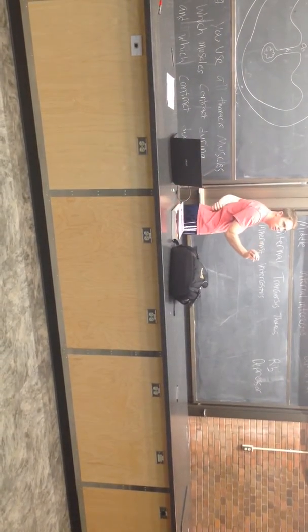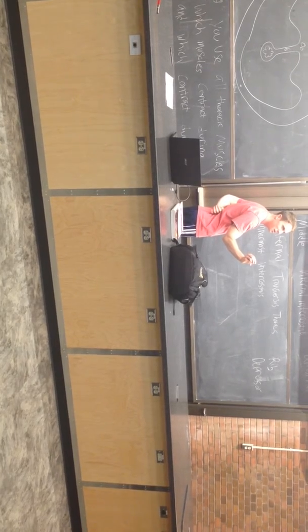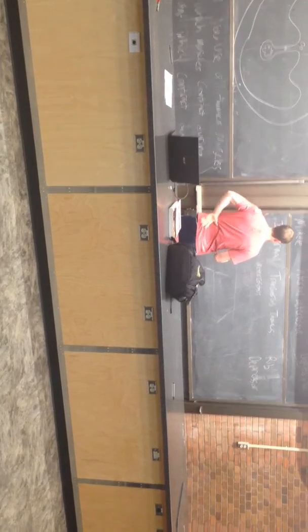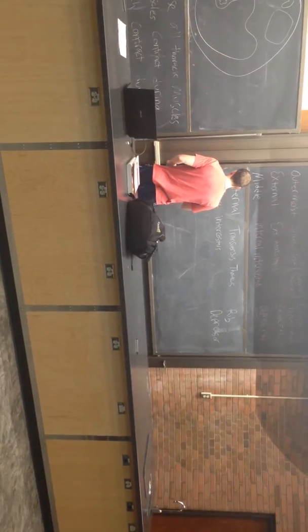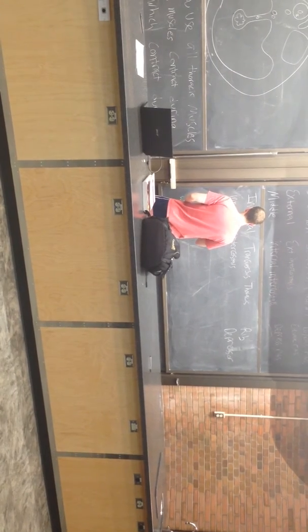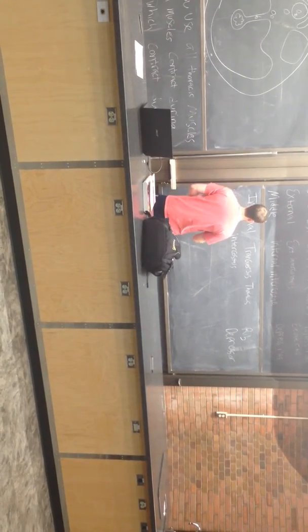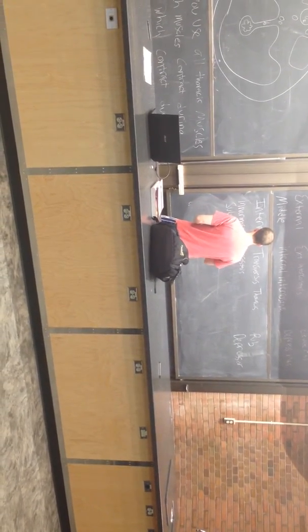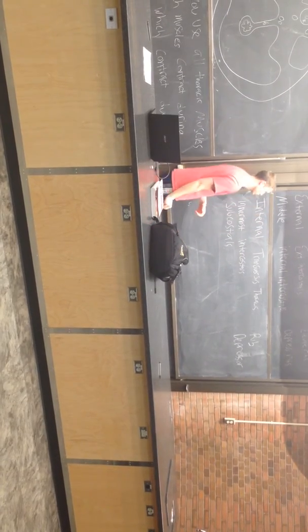So what do we call them? Subcostals. Costal is another word for rib. Very good. It's all Latin based. So we have subcostals. And what will their action be? They're also going to be depressing the ribs.